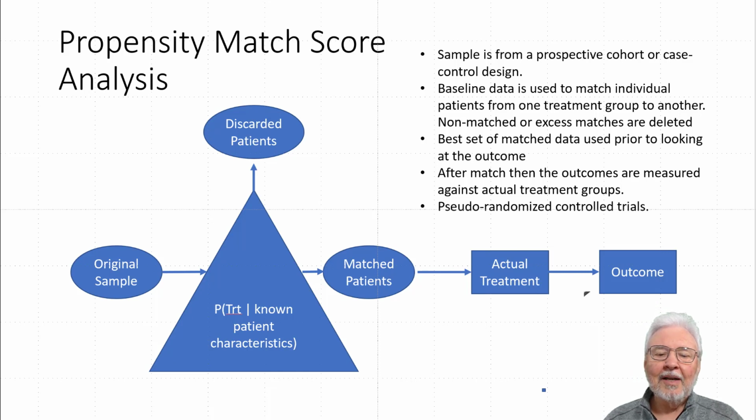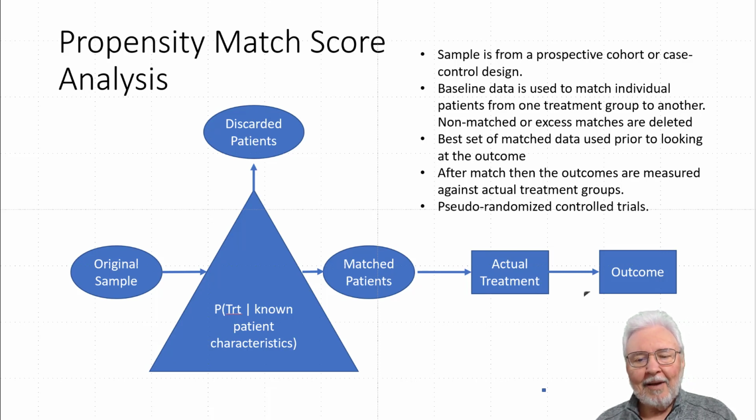Now, it's going to predict some people that had aspheric to be aspheric, but it's also going to predict some people to be aspheric who got the spheric lenses. So we look at the probabilities of everyone for each one, and then we match the aspheric group to the spheric group, and we match pairs of individuals based on the probability of them being either aspheric or spheric. And so we get a matched sample.